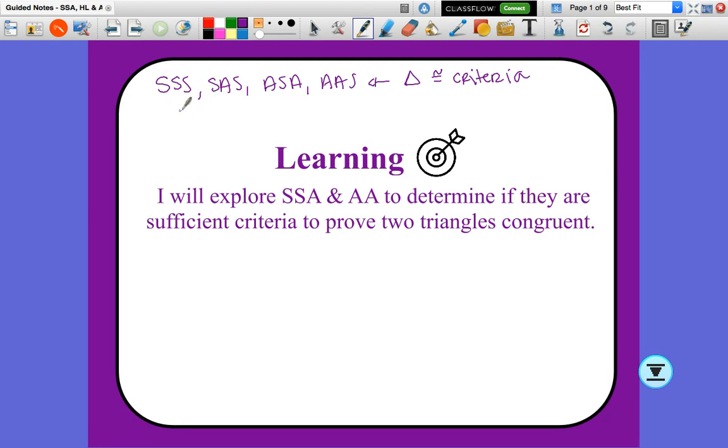You have 3 pairs of corresponding sides that are congruent. Those triangles are congruent. If you have 2 corresponding sides that are congruent and the included angle that is congruent, then the triangles are congruent, right?